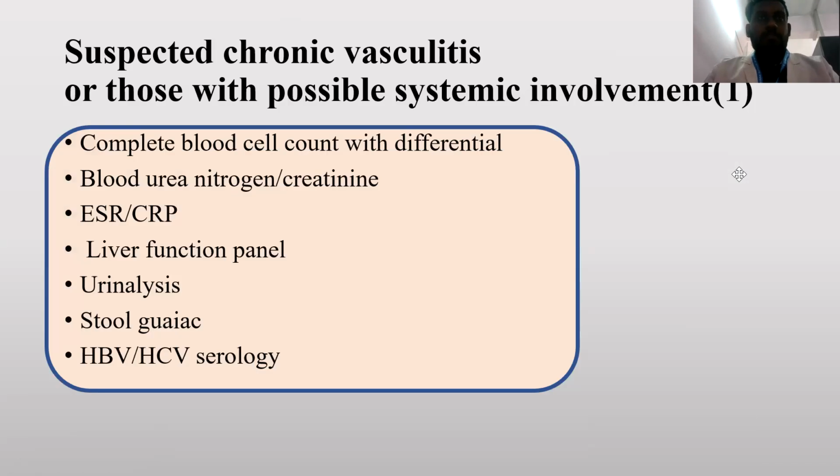So this is the suspected chronic vasculitis with possible systemic involvement. We should always consider doing CBC with differential count, blood urea nitrogen or creatinine, ESR or CRP, liver function panel, urine analysis, stool occult blood test, and HBV or HCV serology.